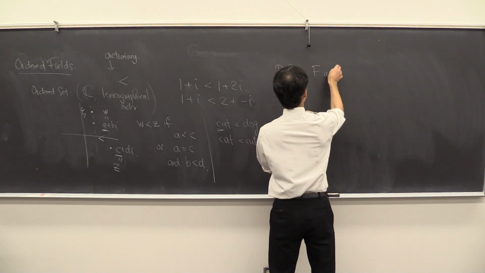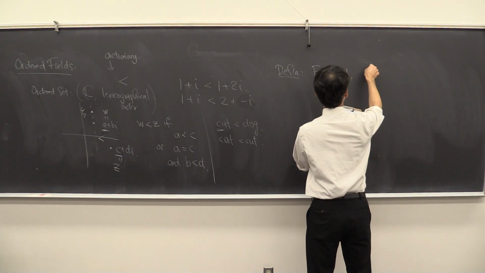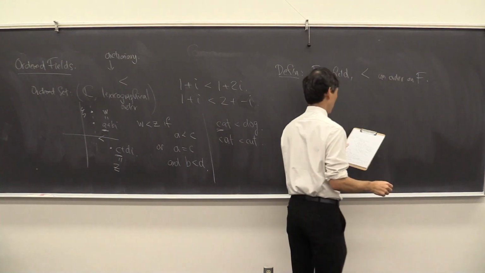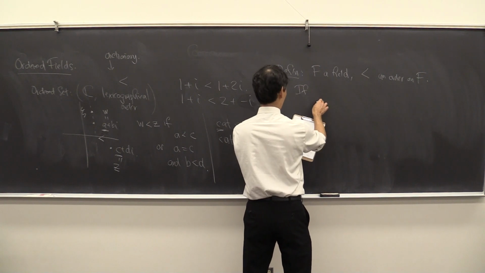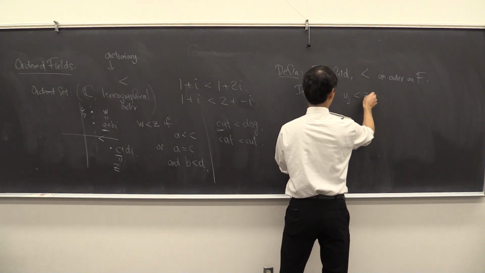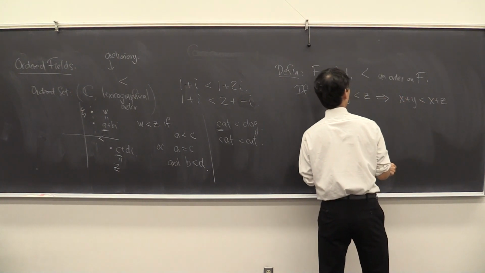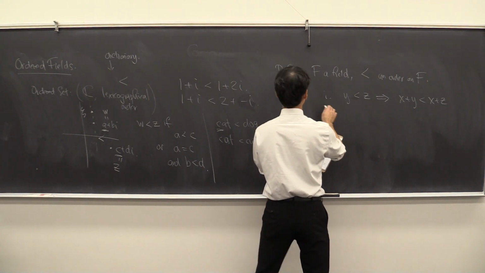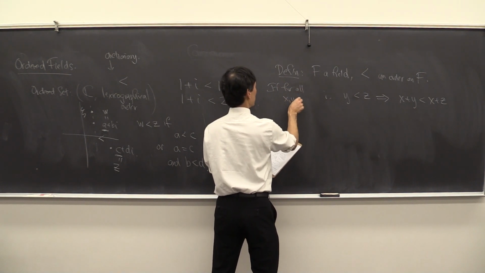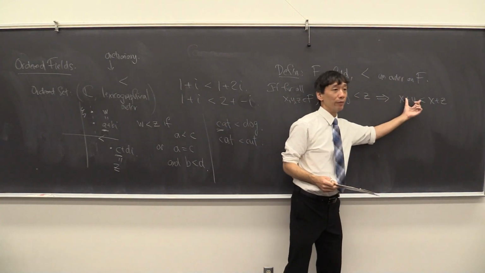Let F be a field, and let < be an order on F. If y less than z implies that x plus y is less than x plus z, for all x, y, and z in your field, so the ordering is preserved by addition.